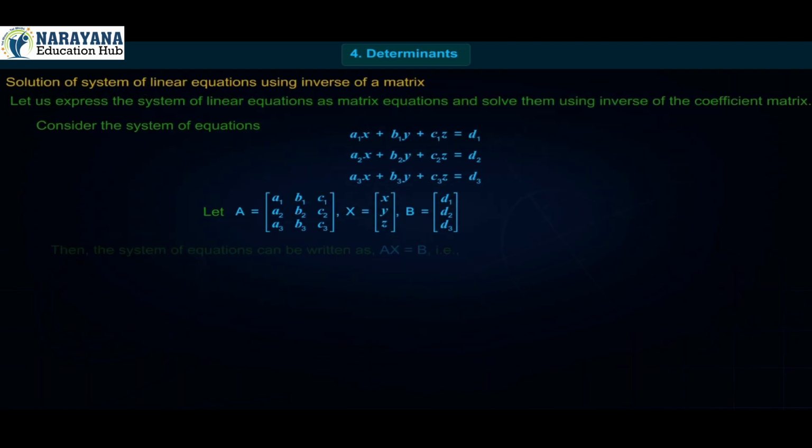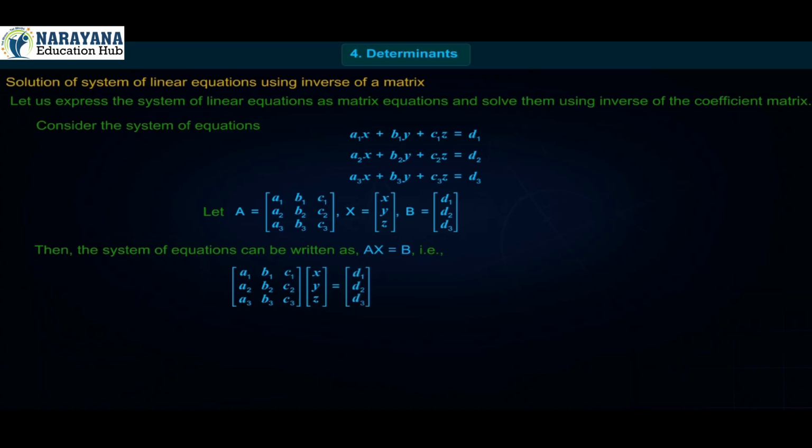Then the system of equations can be written as AX = B, that is, the matrix A times the matrix X equals the matrix B.